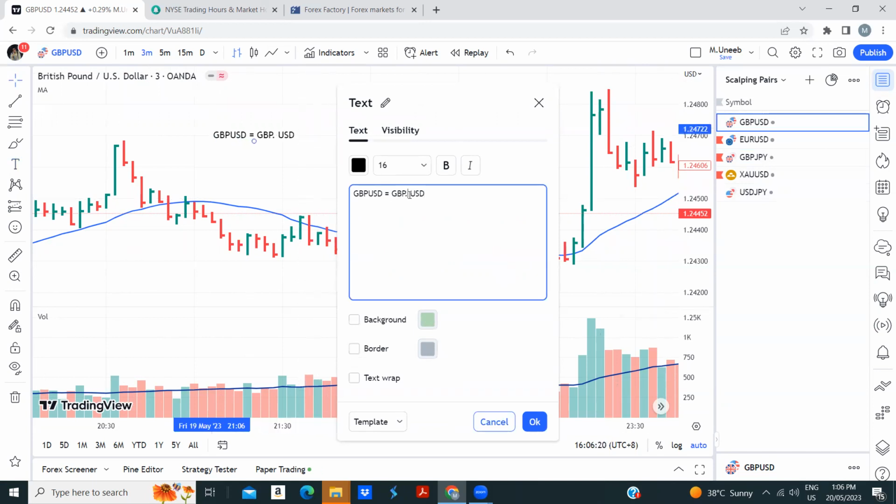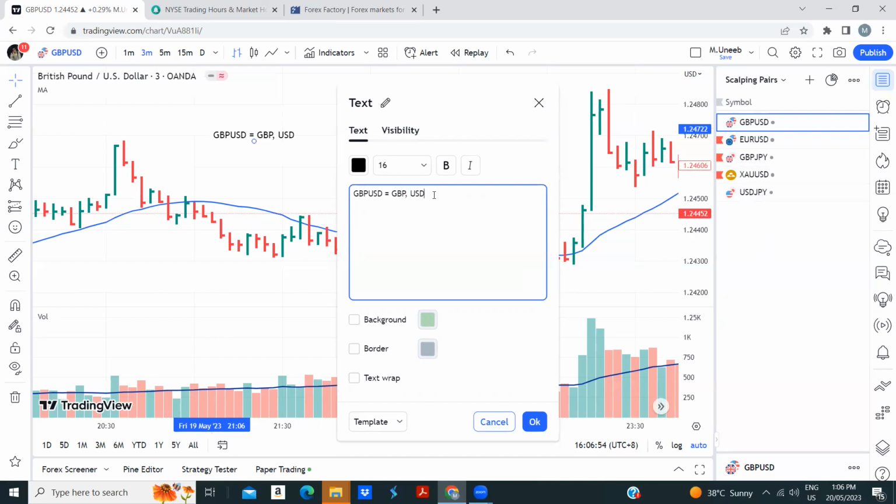If the British pound is rising and the dollar is also rising, what will happen? It will be a range. Sometimes during market hours, both are rising, and there's a very bad range in British pound US dollar during the New York session. So avoid British pound US dollar; gold is better.